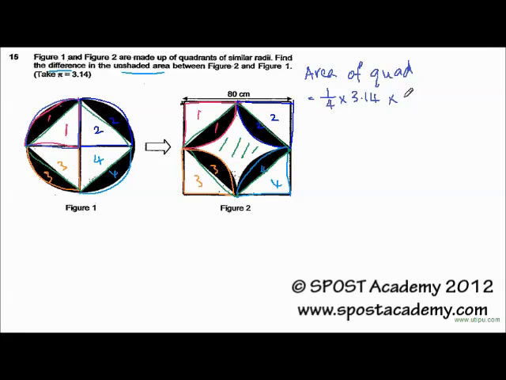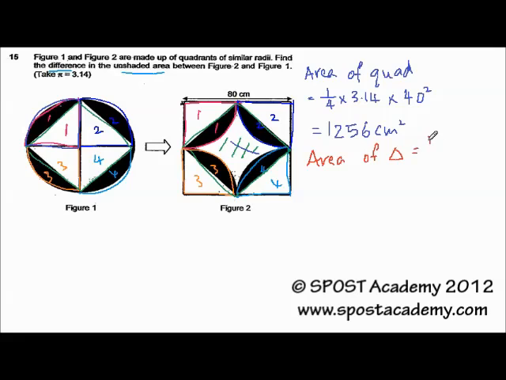Now, according to the question, the radius is the same. So if the whole diameter is 80, the radius would be divided by 2, which is 40. So it's 40 square. I will get 1256 cm square.